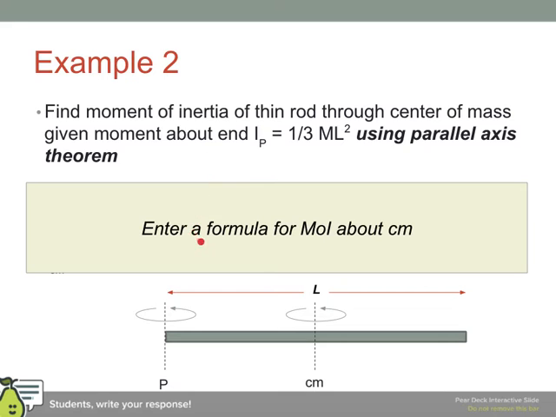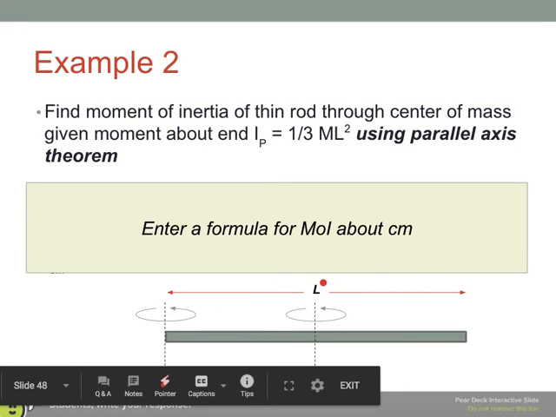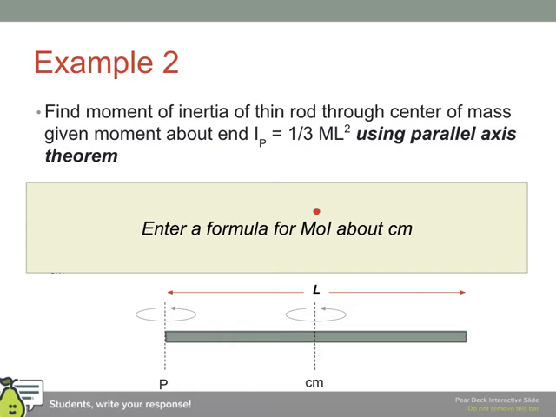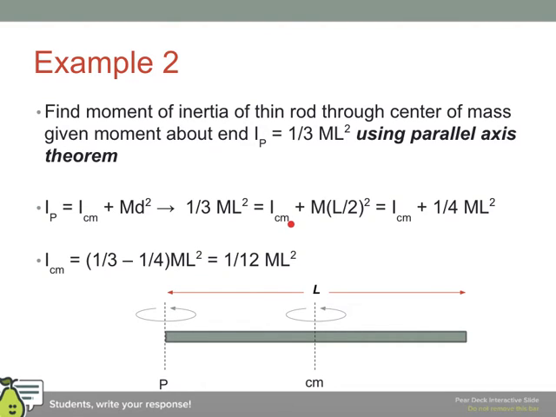Now, we can also calculate the moment of inertia of a thin rod about its center of mass once we've calculated it about one end. So here what we're going to do, and this is something in class you would be doing yourself. The moment of inertia about p, which is 1/3 ml squared, is the moment of inertia about the center of mass, which is what we want to find, plus md squared.